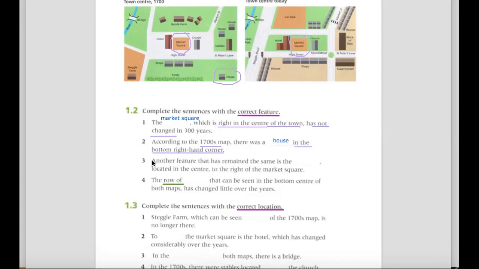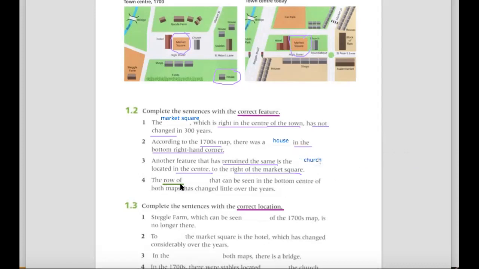Let's do the others. Another feature that has remained the same, so no changes, is the something located in the center to the right of the market square. So pause, think about what that could be. All right, and that is the church. Great.